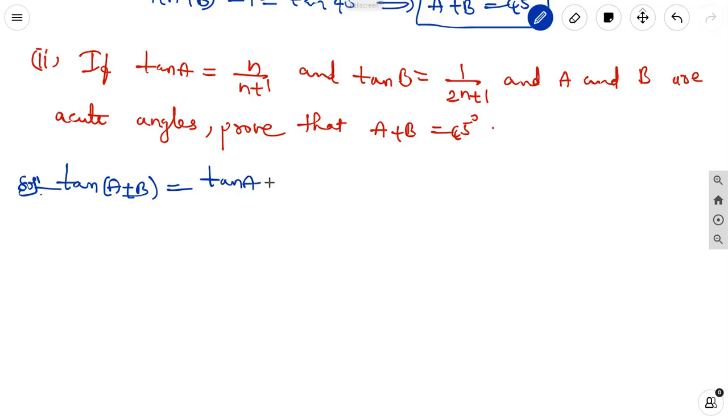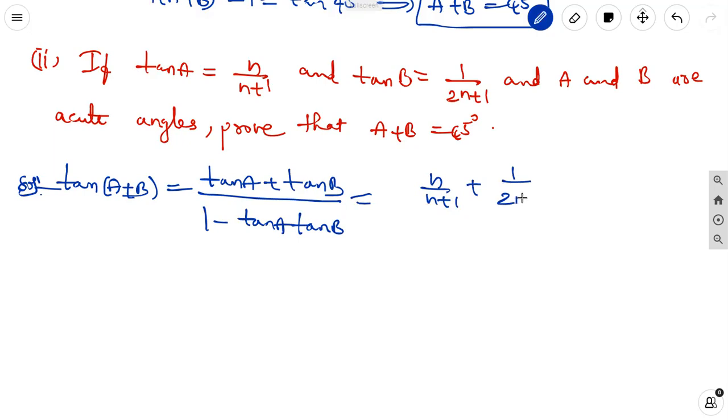Tan A plus tan B by 1 minus tan A tan B, where tan A is n by n plus 1, tan B is 1 by 2n plus 1. So it is n by n plus 1 plus 1 by 2n plus 1, by 1 minus n by n plus 1 into 1 by 2n plus 1.